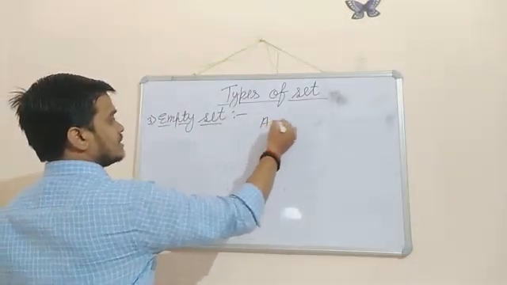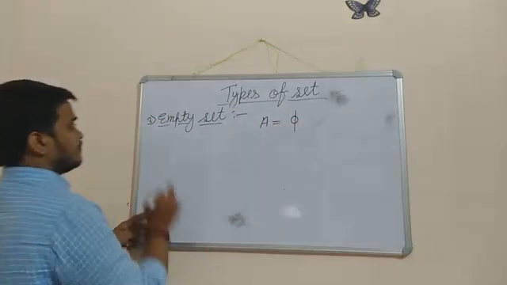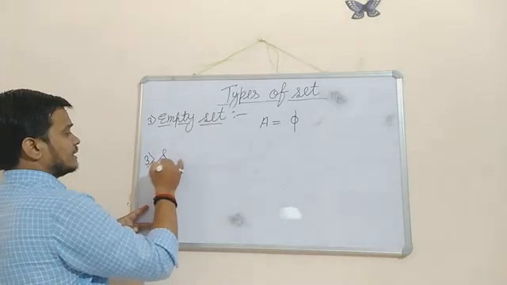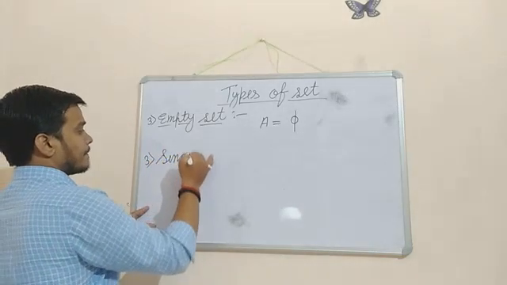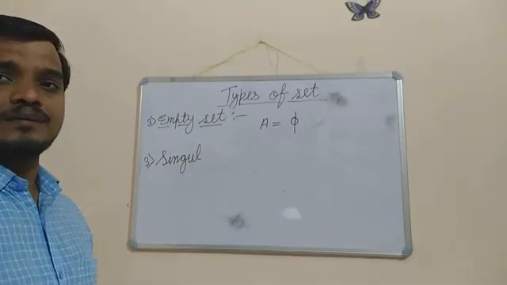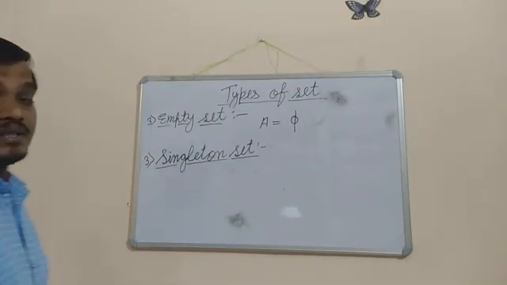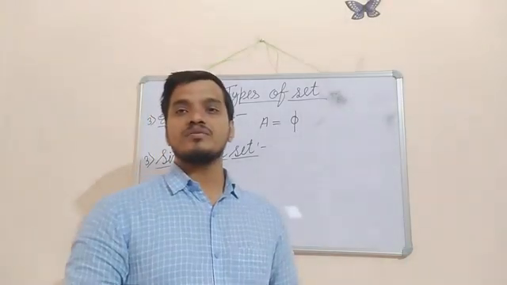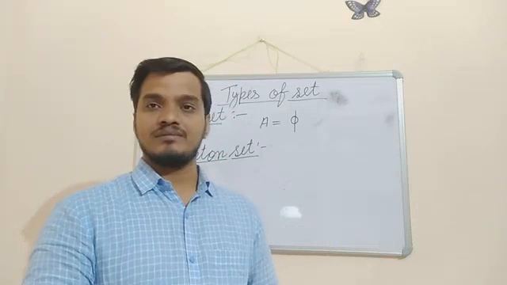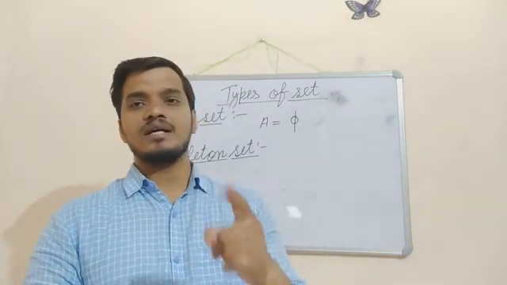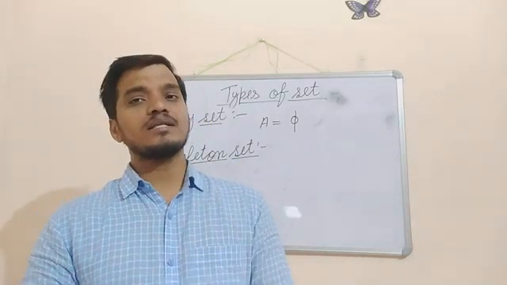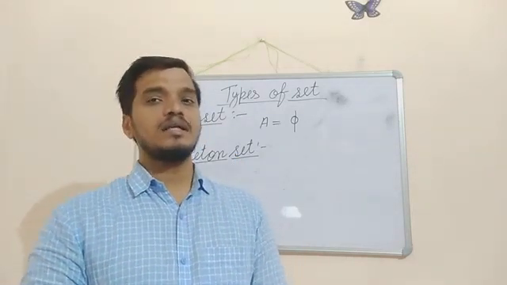And then the fourth one is the singleton set. Singleton set is a type of set where only one member will be involved. Singleton means single. In a set when only one element is belonging, this type of set is known as the singleton set.